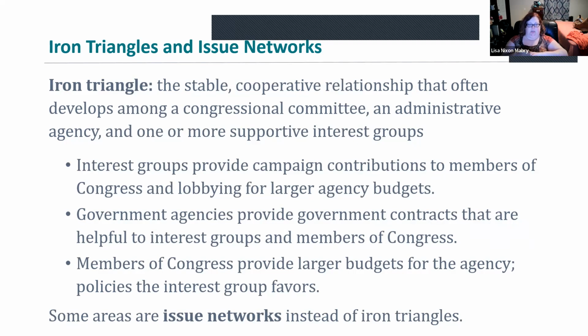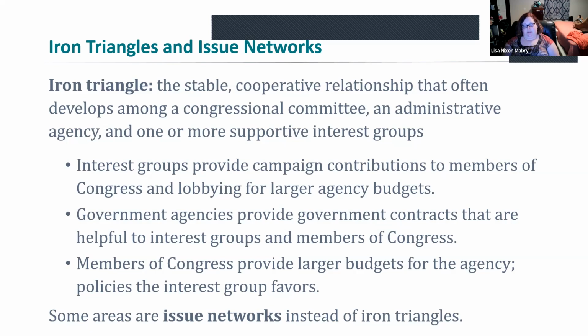Government agencies can also provide government contracts that are helpful for interest groups and members of Congress, like banning offshore drilling or whatever it happens to be. They can work together to make that happen because the interest group supported them.